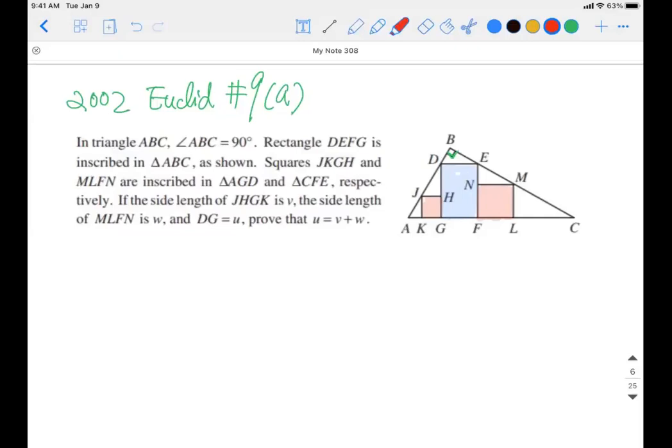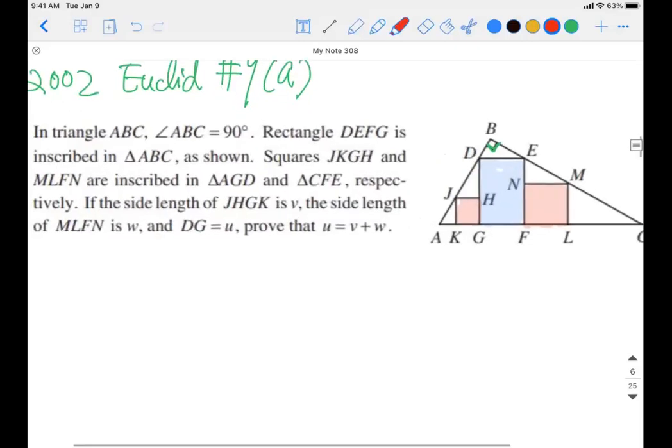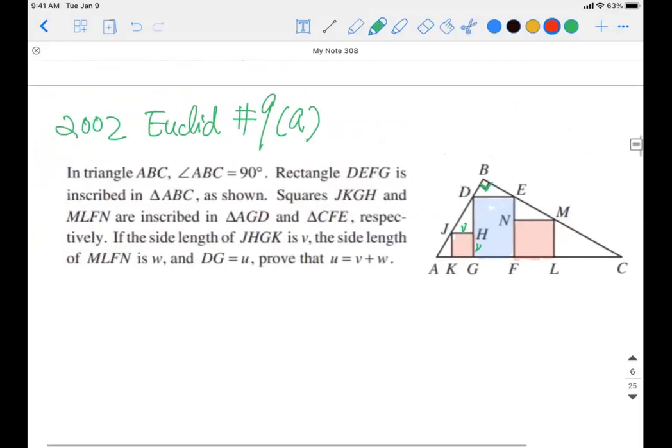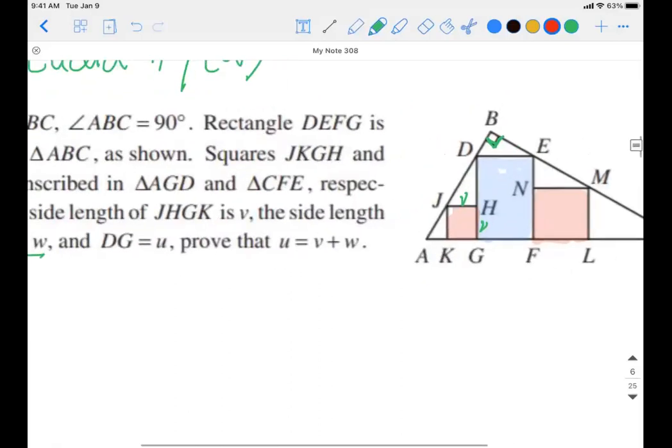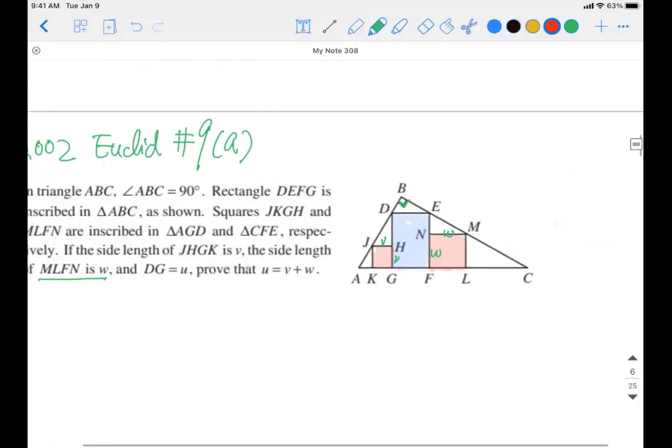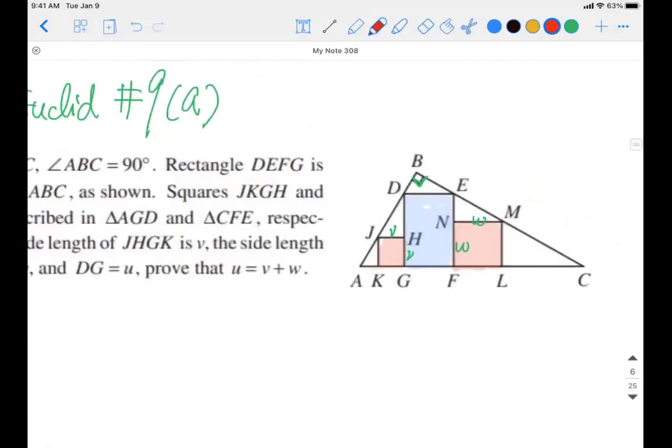Okay, you have two squares and one rectangle inscribed into this right triangle. If the side length of JHGK is V, this one is V, this one is V. And also the side length of MLKF is W. This is W, this is W, okay? And DG equals U. DG, let me change to a different color.